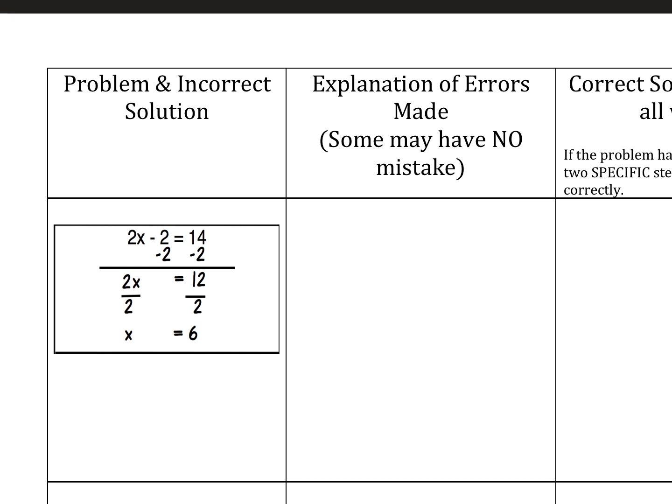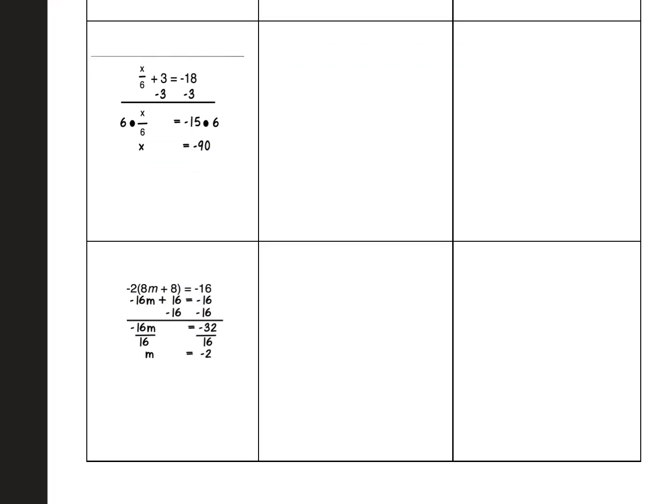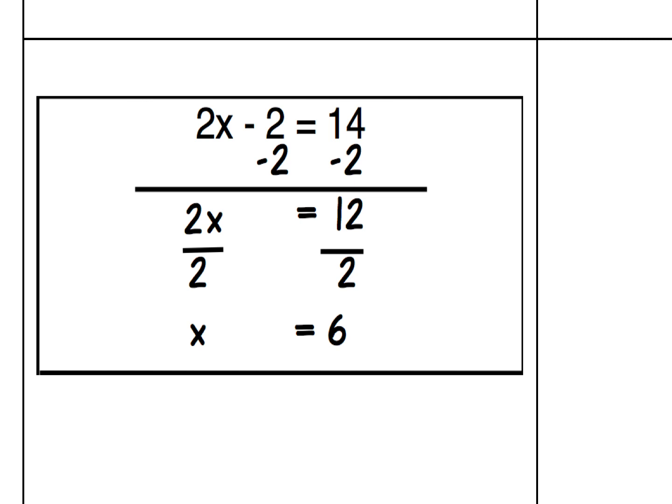But anyway, today you are going to take on the role that I am taking. You've got a student's work, a series of problems, and you are going to take on the role of the teacher, where you determine exactly what mistakes this kid has made.